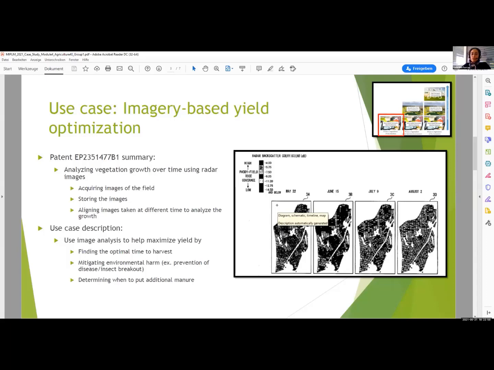With the data we gather, the farmer obtains information that helps find the optimal time to harvest. This can also be useful for mitigating environmental harm, for example the prevention of disease or insect outbursts. This will help the farmer make decisions about when to put additional manure too.